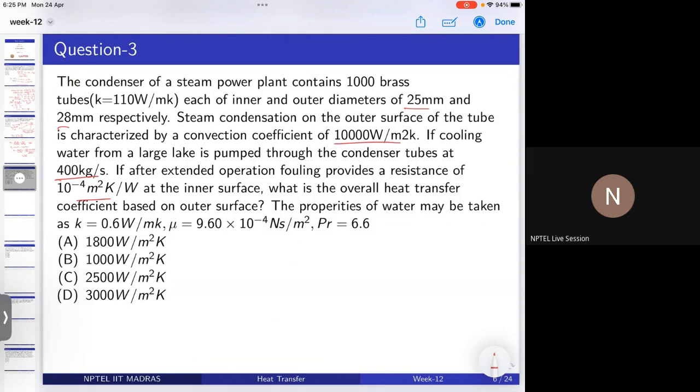Because of the extended operation, fouling or scaling takes place at the inner side of the tube, so a resistance develops for the heat transfer, and that fouling resistance is already given. You have to find the overall heat transfer coefficient based on the outer surface area.